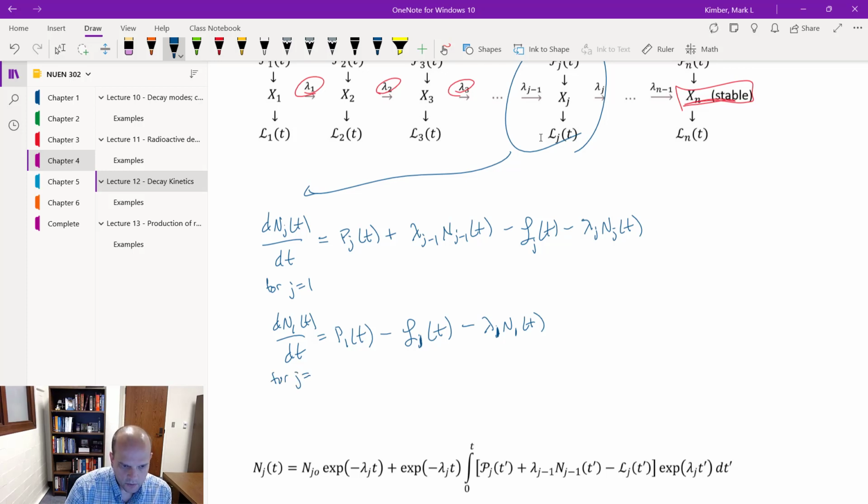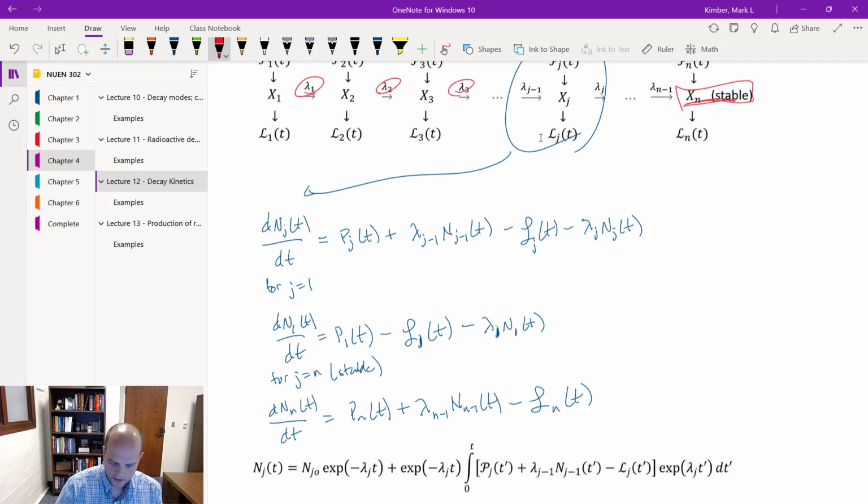And then for j equals n, which is my stable isotope, I've got dN(t)/dt. I have a production term there, and a loss term there. But actually I should put them together to be consistent. So I have a production term, but I also have the decay from the immediate parent, so lambda n minus 1 N n minus 1 of t. And then I have my external loss term.